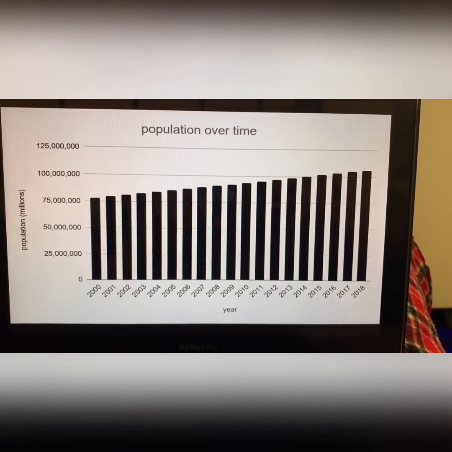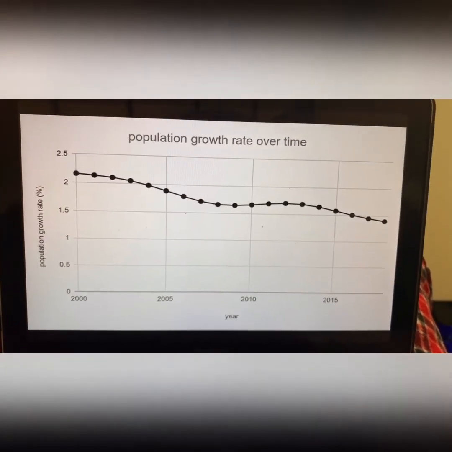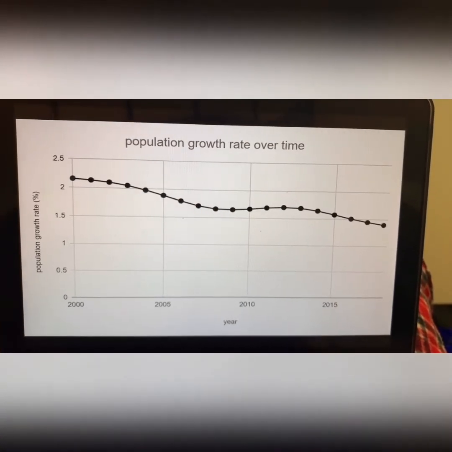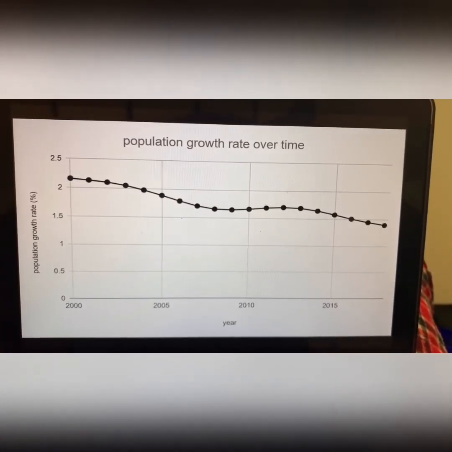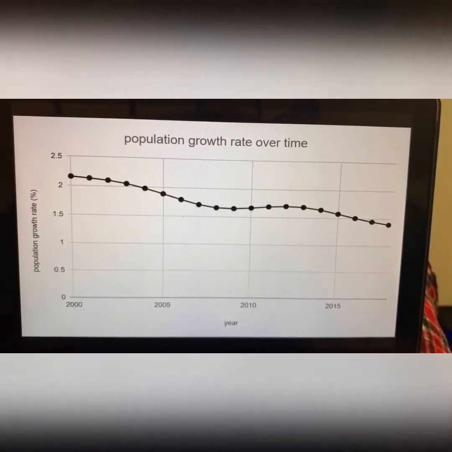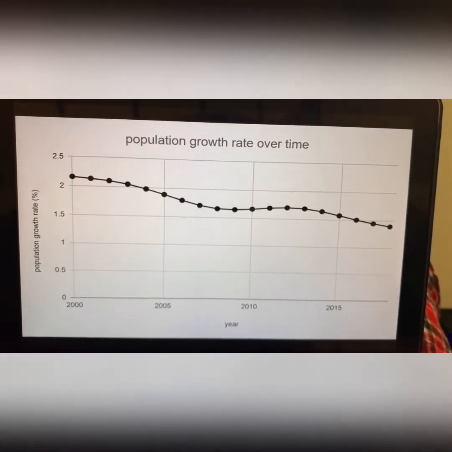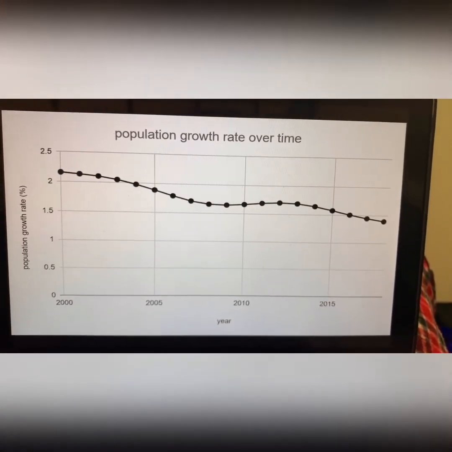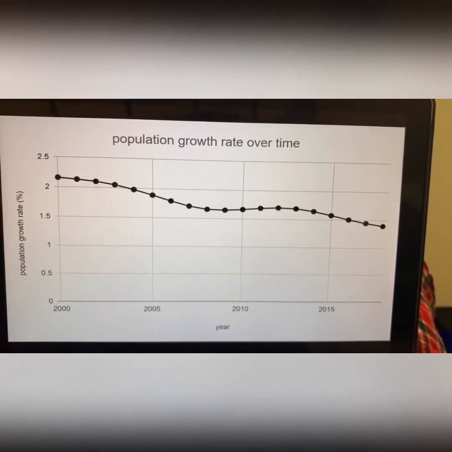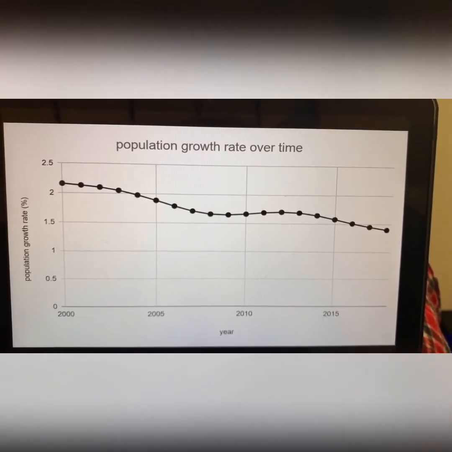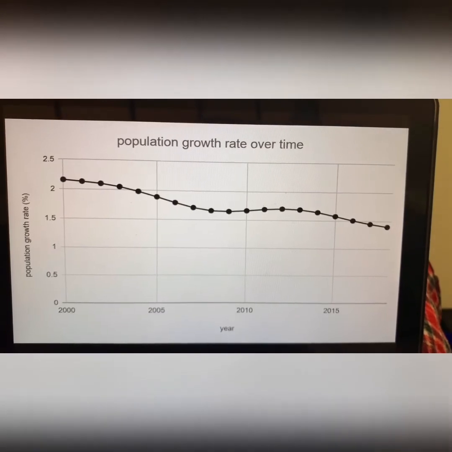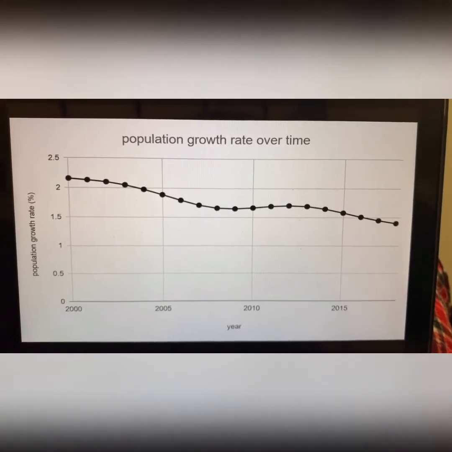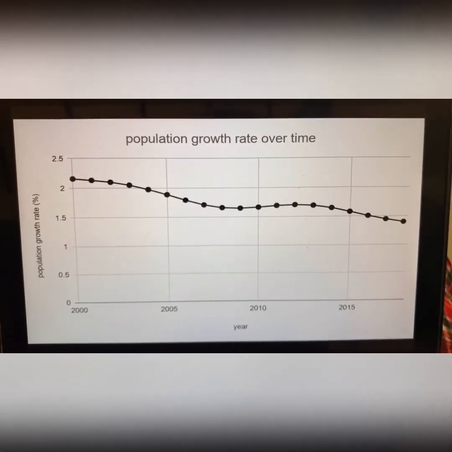But as we see on the next slide, we'll take a look at the population growth rate over time and how that changes. So on this graph here, we have the population growth rate over time in the Philippines. On the y-axis, we have the population shown as a percentage of the growth rate. And on the x-axis, we have the year. Overall, we can see from 2000 to 2018 that even though the slide above was very linear, always showing an increasing pattern, over time it is actually increasing slower.